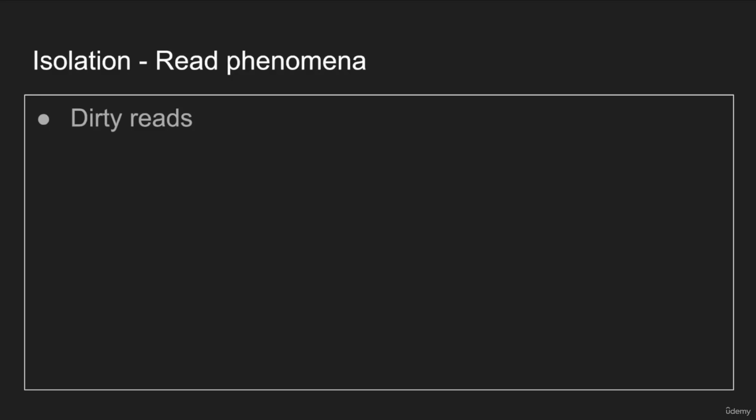So there's a chance that this change that you just read could be rolled back, or it could be committed, or the database could crash. This is called a dirty read. Anything that is dirty means that you wrote something and this write is not fully flushed, not fully committed. It might change. That's what is called a dirty read.